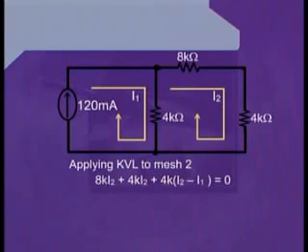After writing this term, we pass through the 4 kilo ohm resistance which is on the right hand side of the circuit to reach the bottom node. Now, because the 4 kilo ohm resistance which is at the boundary of the two meshes is shared by both of the meshes, what does that mean?